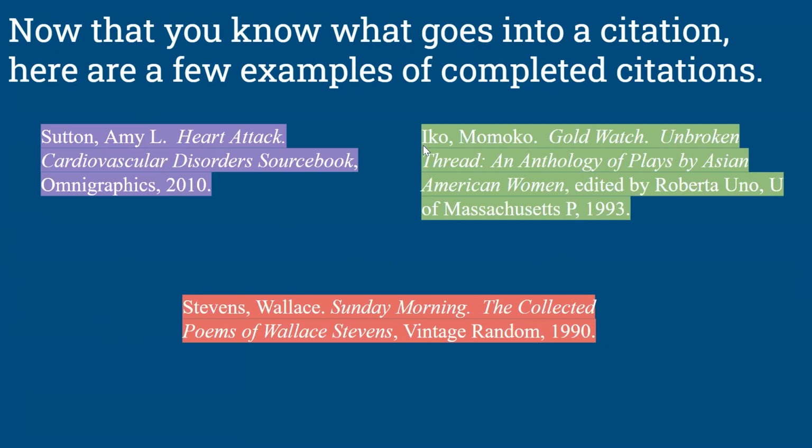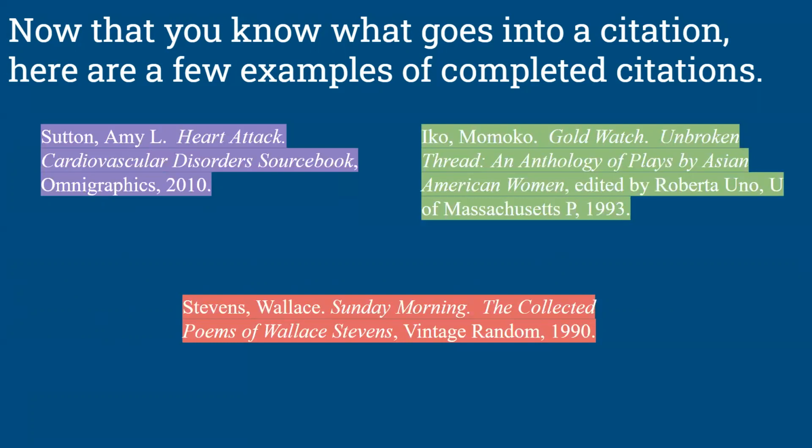Another one is by Momoko Iko, and it is written Iko, Momoko. The title of the book is Gold Watch. From the container, so the overarching book that it was in was Unbroken Thread, an anthology of plays by Asian American women.